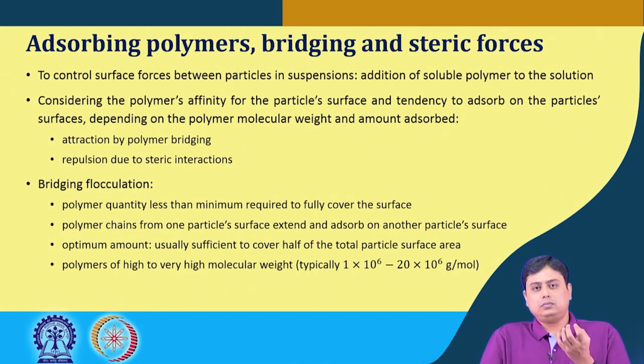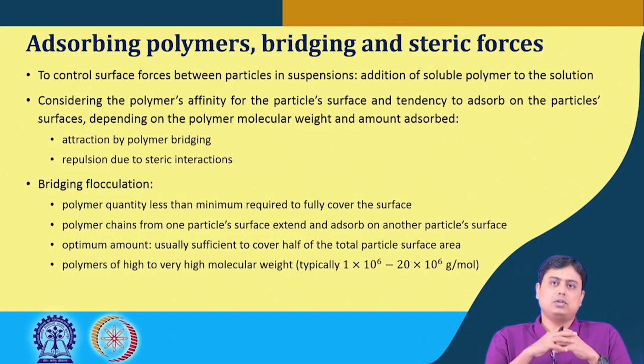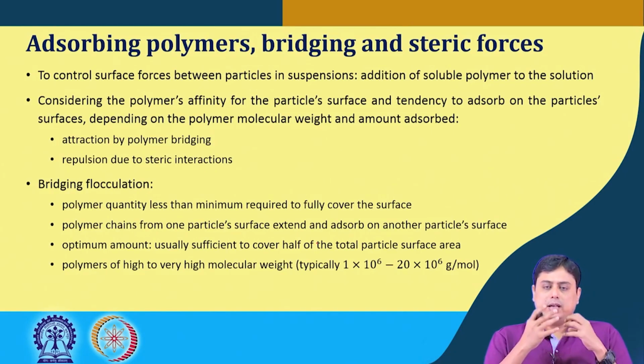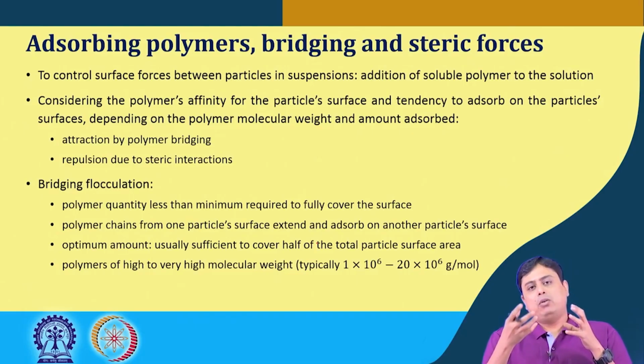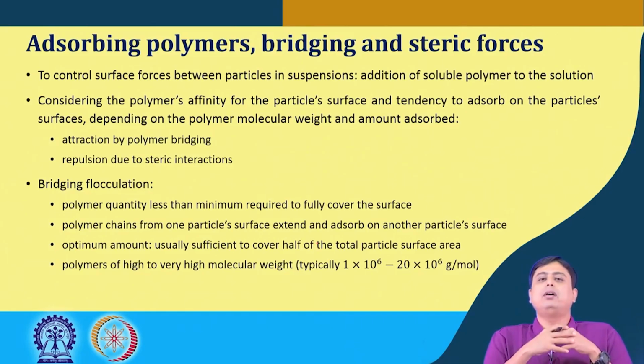So, when we try to control the surface force, we can also add some soluble polymers to the solution. If the polymer has affinity towards the particle surface and it adsorbs on the particle surface, then depending on the amount adsorbed and the polymer's molecular weight, we can have an attractive or a repulsive force between the particles.